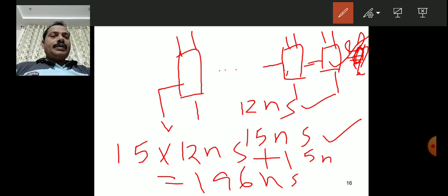That means whenever carry propagation is given, the number of full adders into carry propagation, plus sum propagation, if we add, we will get within 196 nanoseconds the final result of the sum of two 16-bit numbers. So this is one example.